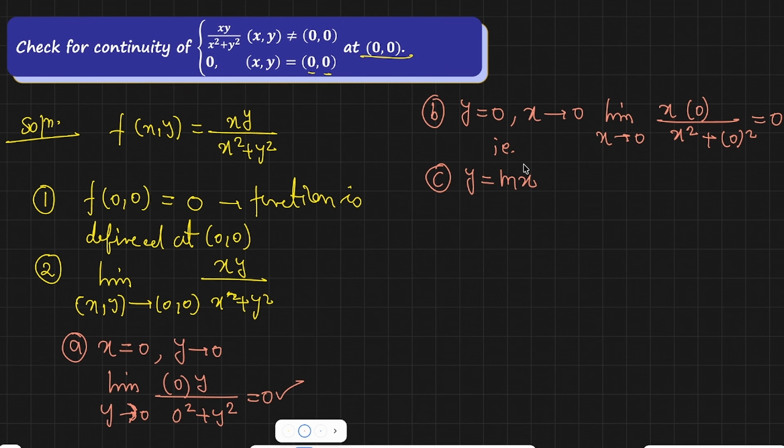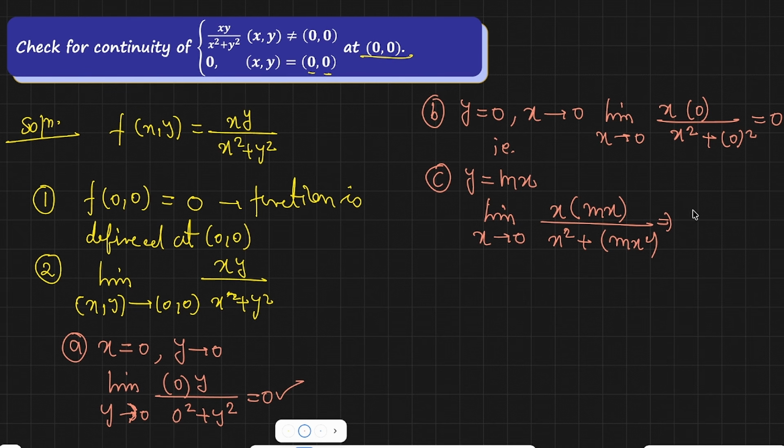When I put y equals mx, it means I simply use x as x and y as mx. Because it is converted to a function of one variable, so limit x tending to 0, x as it is, y is mx.